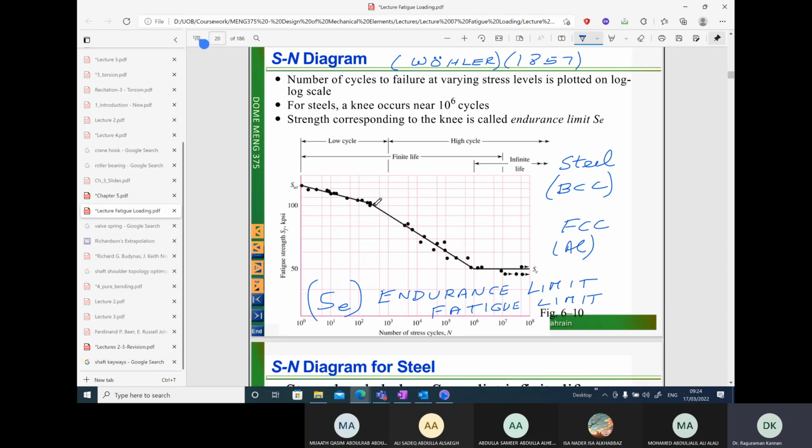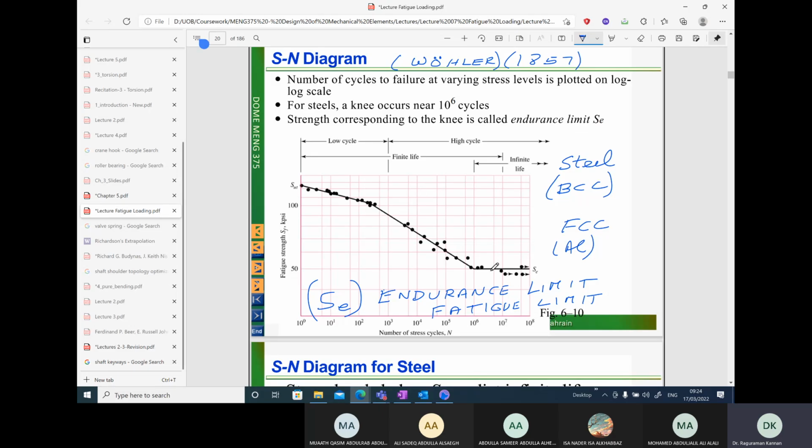We can see here the amplitude of stress reaches even the ultimate strength value, which is the ultimate tensile strength here. So we are much above the yield strength of the material, and we cannot use the stress life method in this case. In this region we will always use the strain life method, which we will see later.